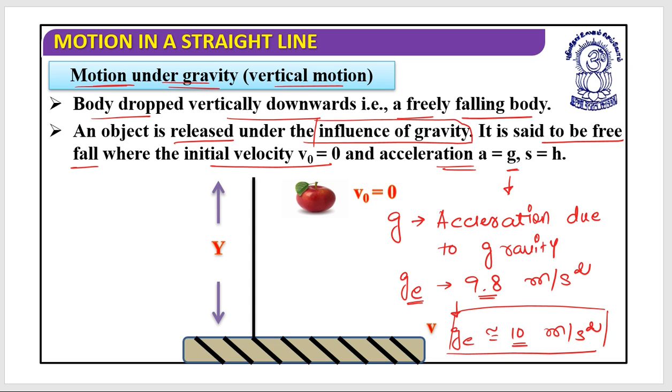So when an object is in free fall mode, its initial velocity would be 0, acceleration would be g, and the distance would be equal to h.